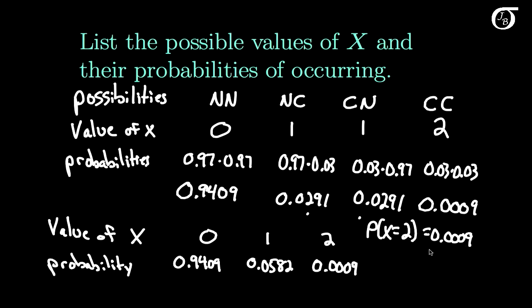0.0009. But we might want to just do this in general. So we do want to write this sometimes, the probability that the random variable X takes on some value. And we call that some value little x.